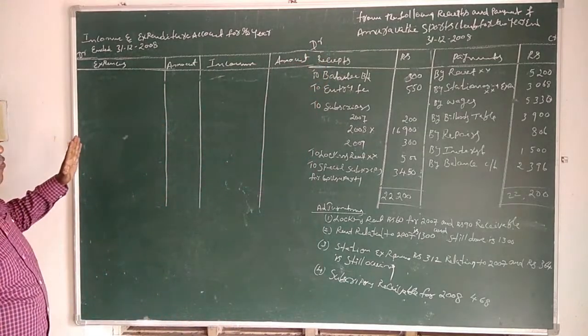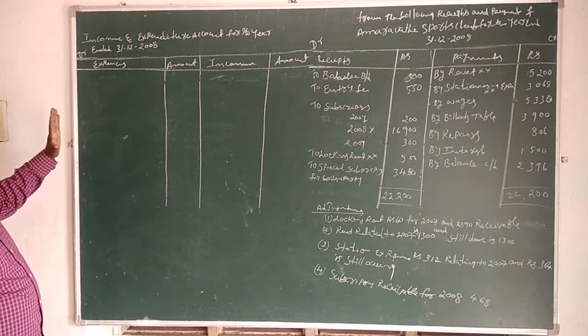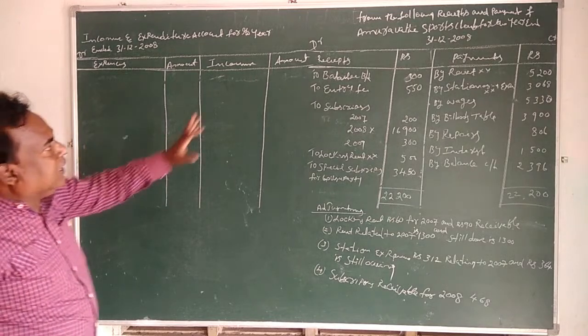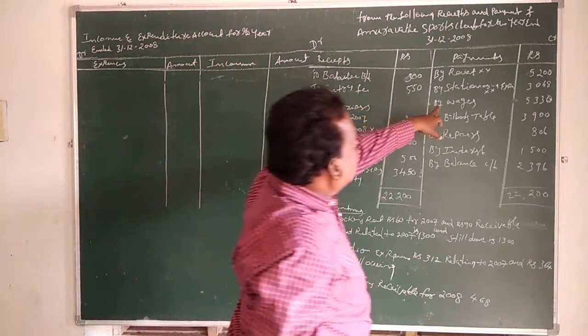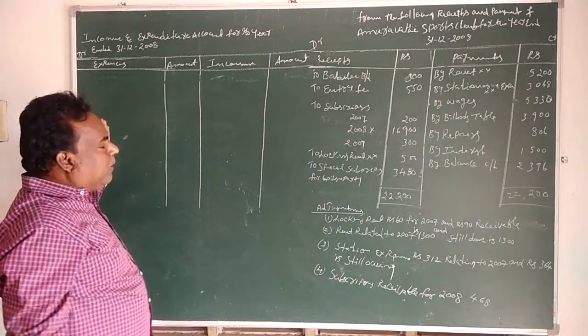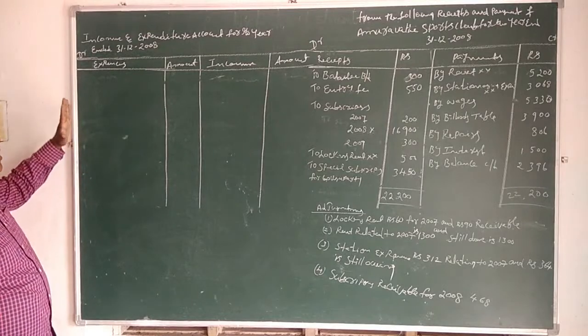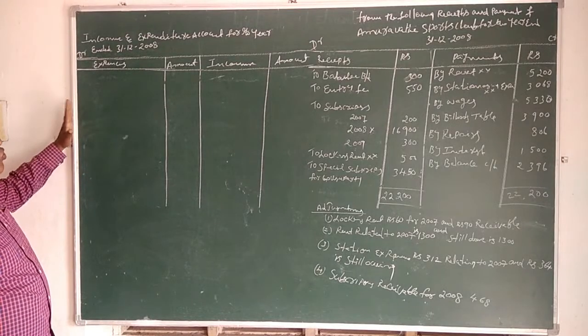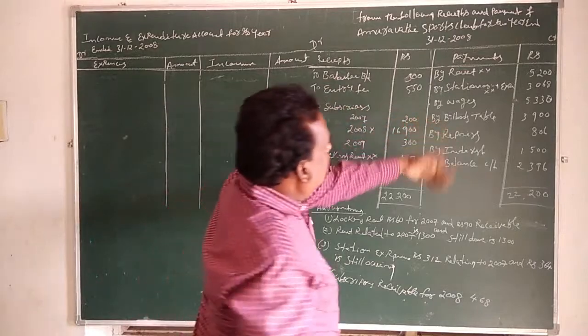So first of all, we must record expenses. Expenses are on the credit side in the receipts and payments account. So first of all, expenses must be recorded on the debit side of the income and expenditure account.